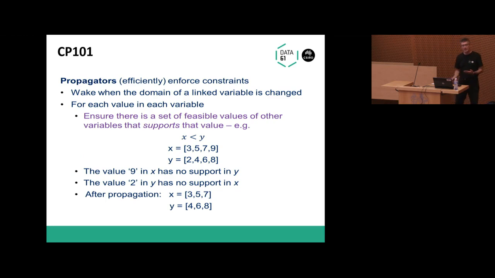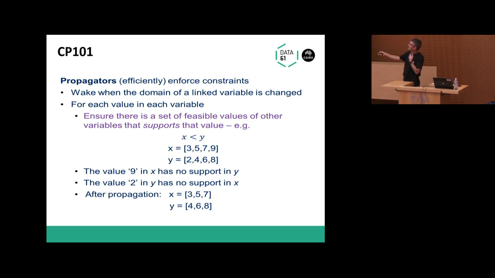Now, CP uses propagators. Each constraint will have a propagator. And what that propagator's trying to do is to make sure that each value in the domain of the variables that are mentioned in that constraint are in some way consistent. So let's have a look here. I've got the constraint x is less than y, and when I come in here, x has these values and y has these values.